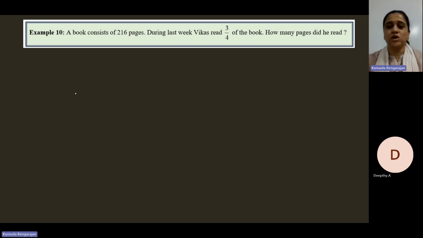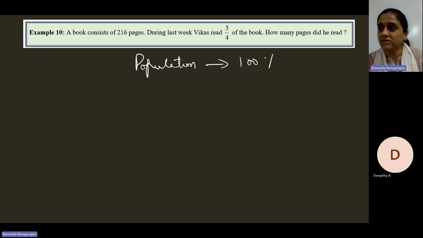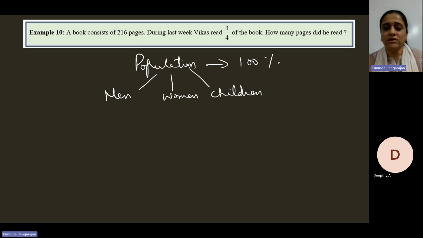Now, supposing we talk about population. Population is taken as 100%. So in population, we have men, we have women, and we have children. You can divide the population like this: population of men, population of women, and population of children, right?